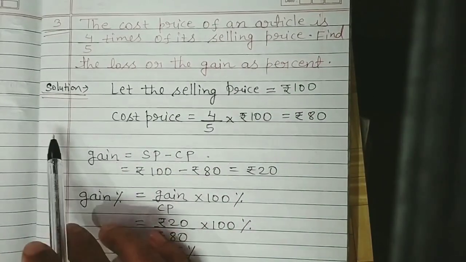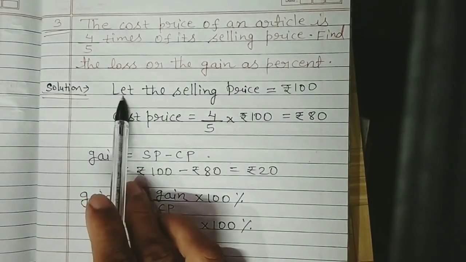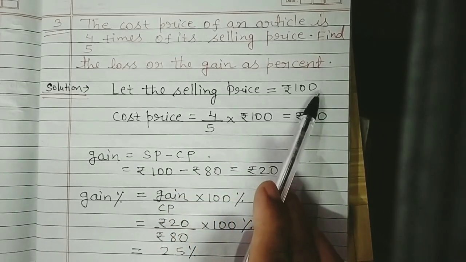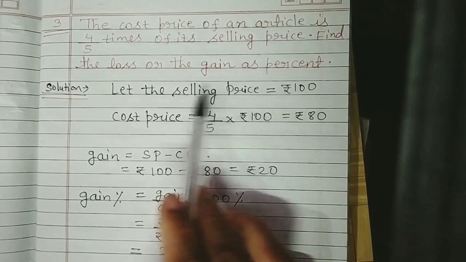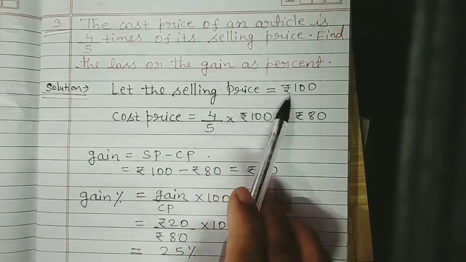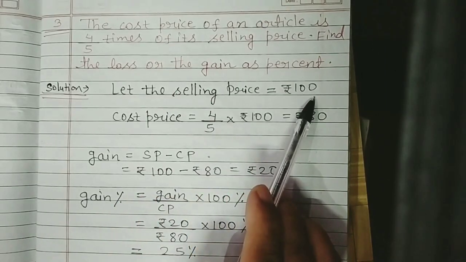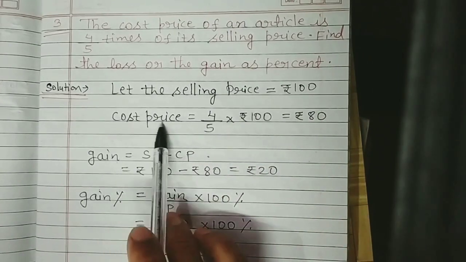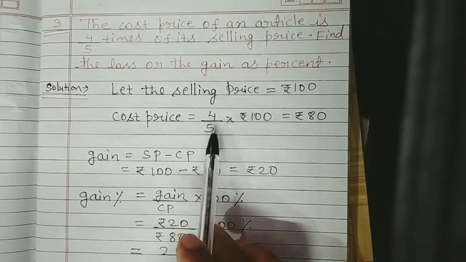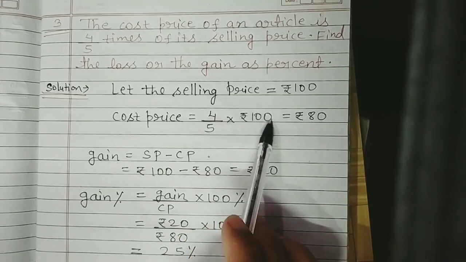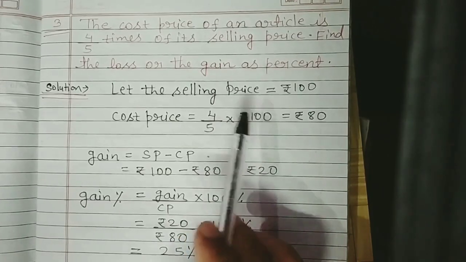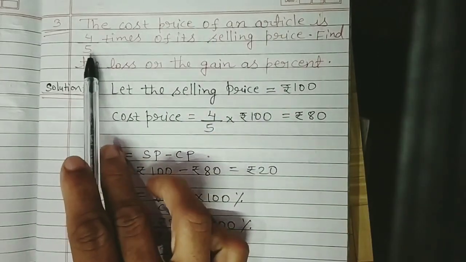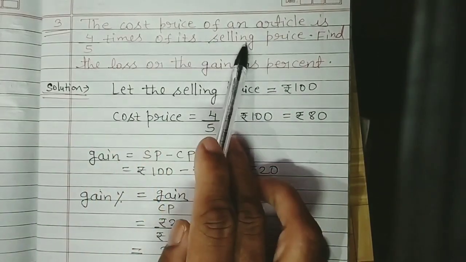Clear? So I have written here, let the selling price equal to rupees 100. So here we have assumed the selling price is rupees 100. Okay? Now I have written cost price equal to 4 by 5 into rupees 100. As it is given in the question, the cost price of an article is 4 by 5 times of its selling price.